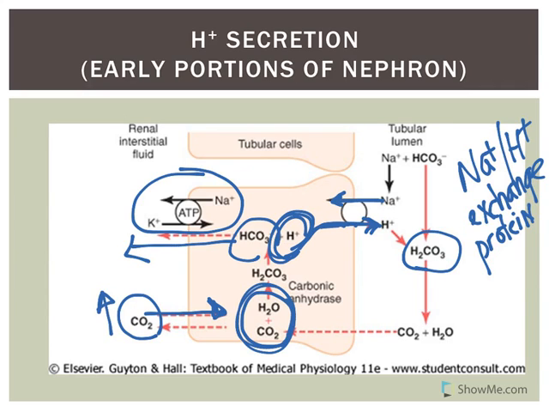So with less of this being filtered, you'll get a little bit more hydrogen ions in the tubular fluid. If I'm tying up all my bicarb, I'm not going to be reabsorbing it. Since it's already tied up, you'll get more hydrogen ions being secreted. But unfortunately, you can't secrete a huge amount of them. I need a little bit later on to get rid of a lot more hydrogen ions.